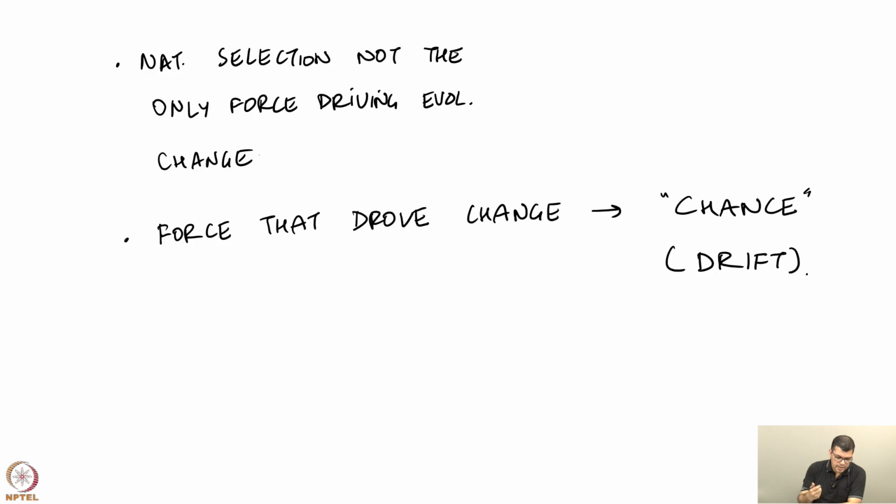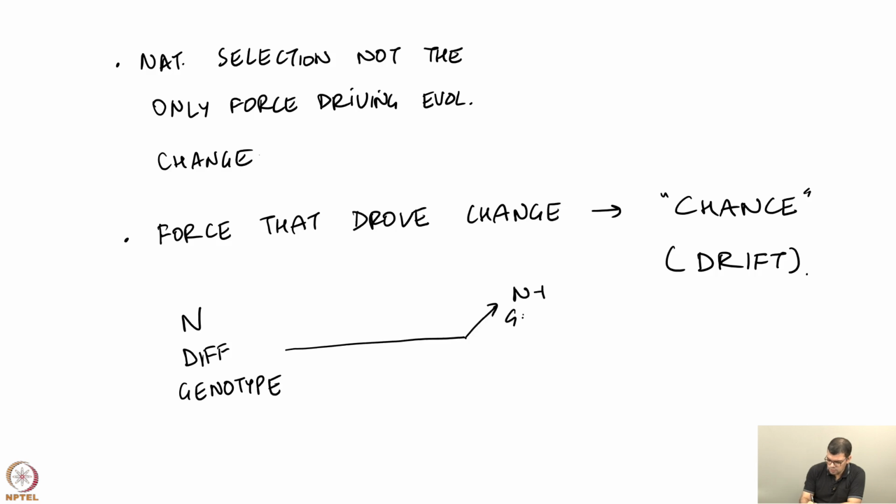Remember that in this game we started with n different genotypes. Every individual in the starting population was carrying a different genotype, and by the time this game ended, n minus 1 genotypes went extinct.